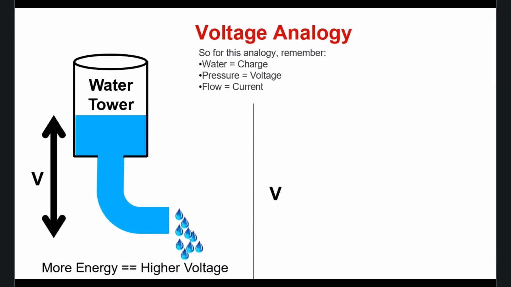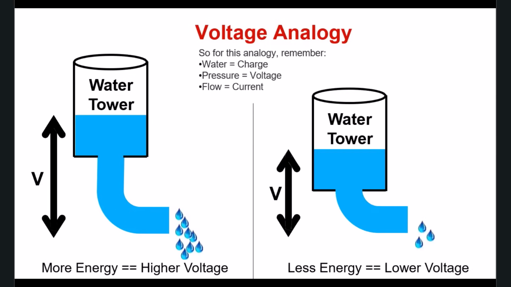In this analogy, remember, we are representing the water as charge, the pressure as voltage, and the flow of water as current. Similarly, if the amount of the water in that water tank is less, the amount of the flow of the water will be less because it will offer less pressure.